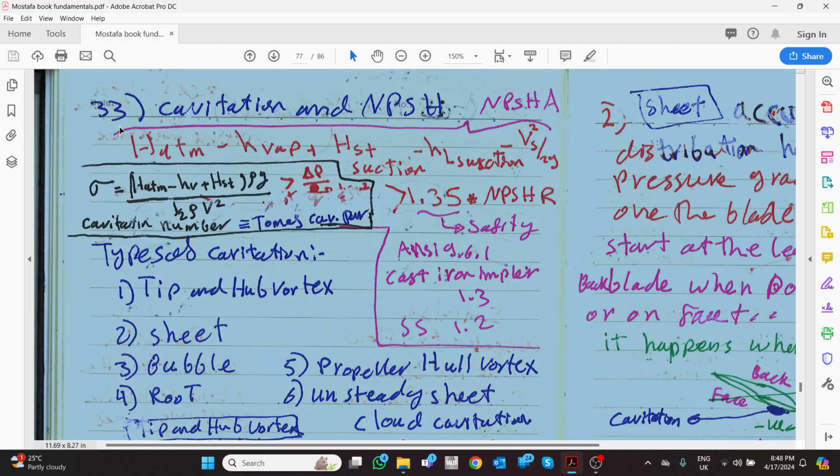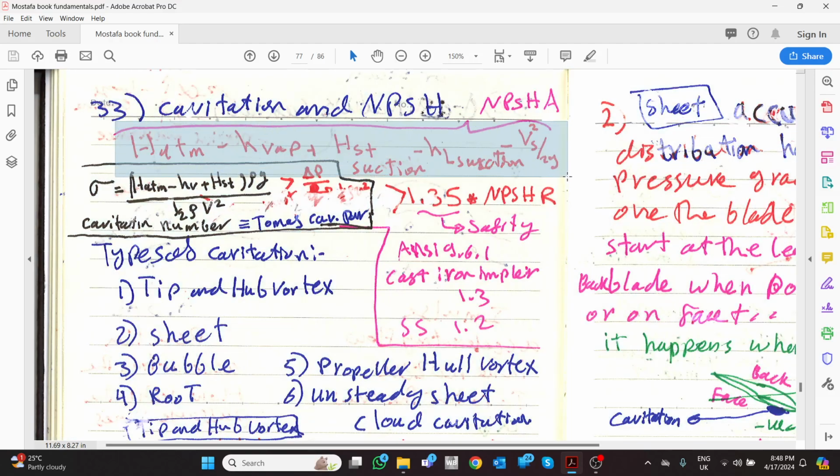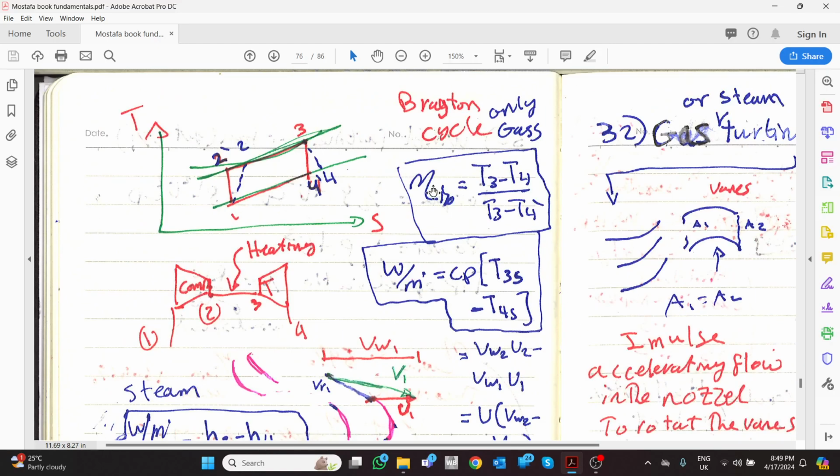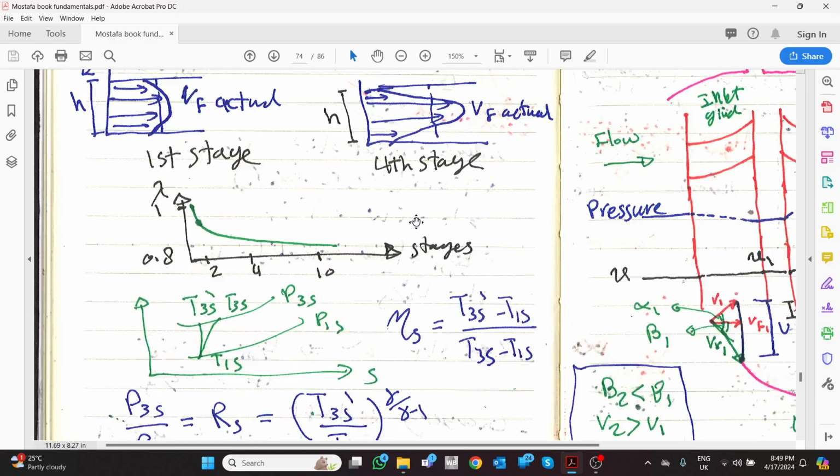And we named all of this net positive suction head available. This is the available suction head. And it should be bigger than the net positive suction head required for the pump, as we agreed. But inside the pump itself, some cavitation can happen. Okay, let's return to what we were discussing.